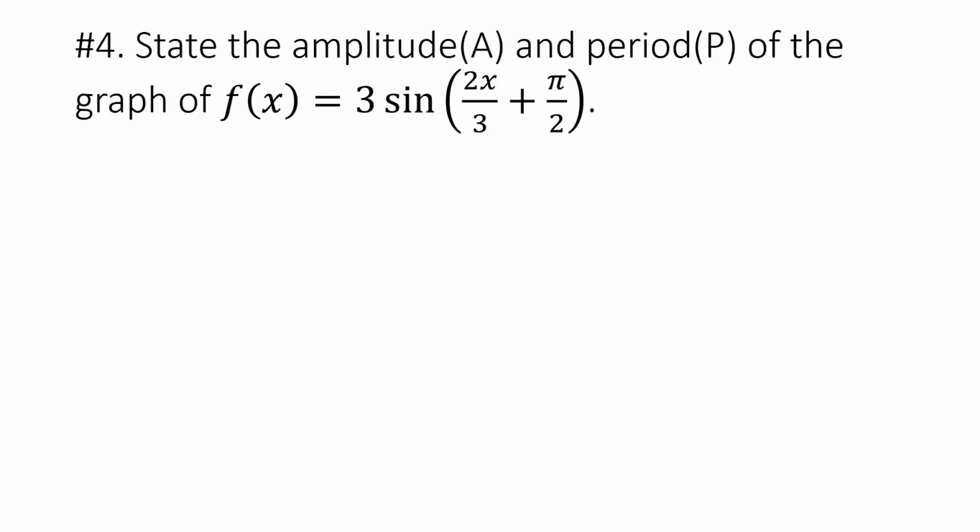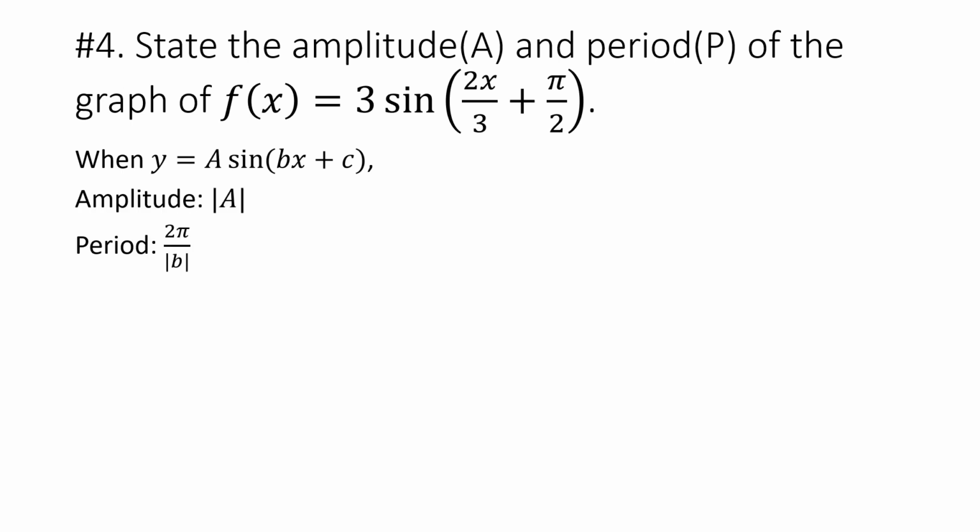Okay, we want to find the amplitude and period of the following function. We know for y equals a sine of bx plus c, the amplitude is absolute value of a and the period is 2 pi over absolute value of b.